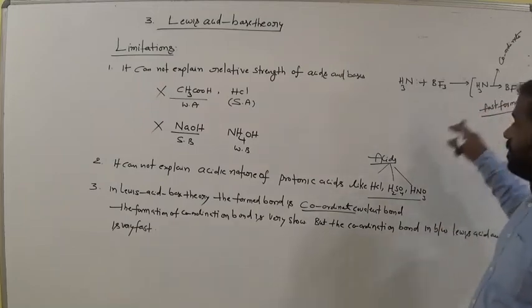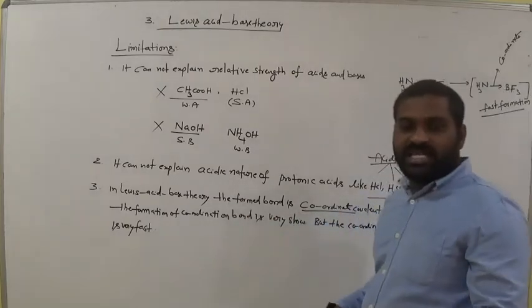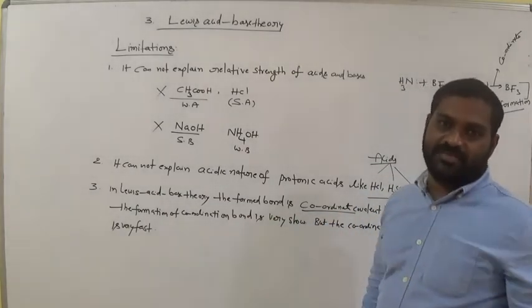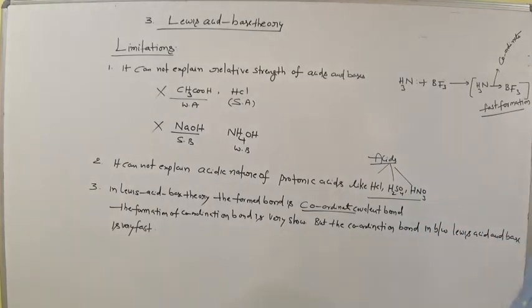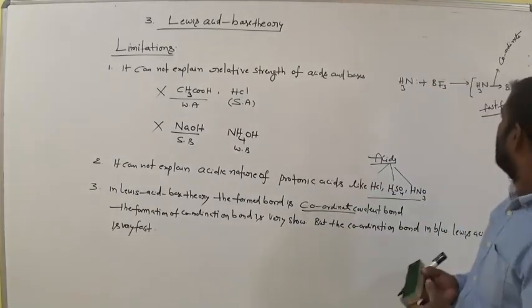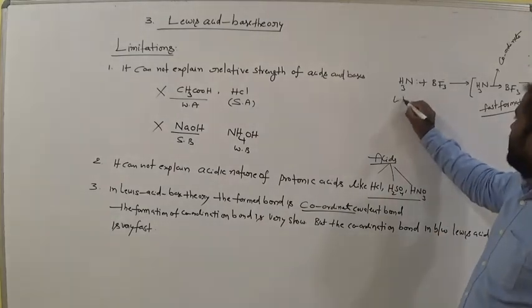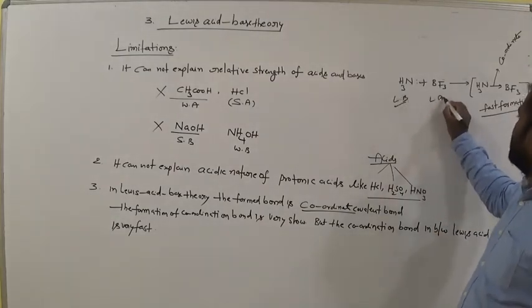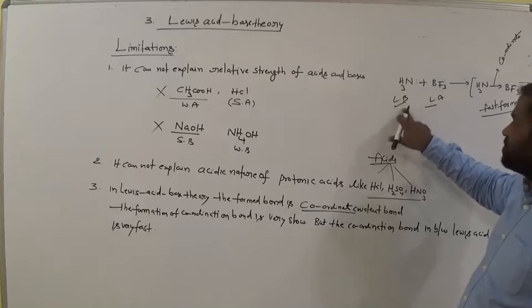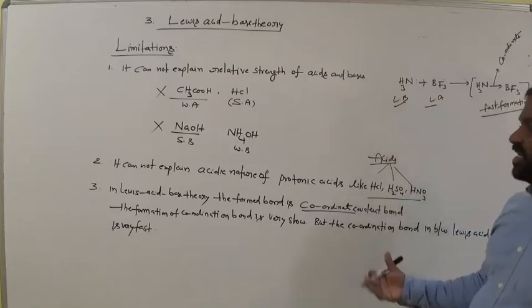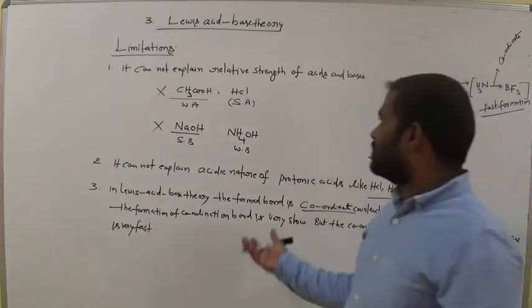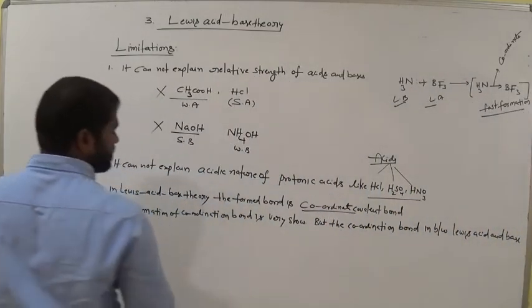But generally the coordination bond is a very slow formation bond. Am I right? But in Lewis acid base theory, this is the Lewis base and this is the Lewis acid. The coordination bond between Lewis base and Lewis acid is very fast. So the theory cannot explain this. It is also one of the drawbacks of Lewis acid base theory.